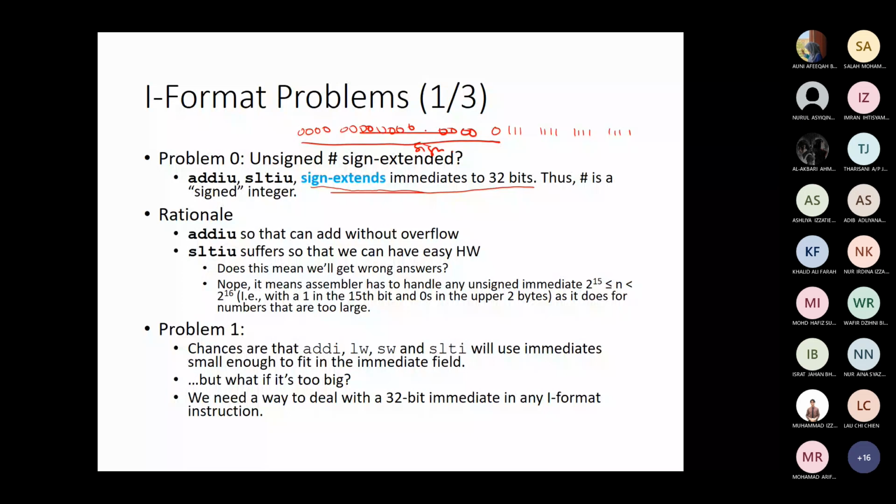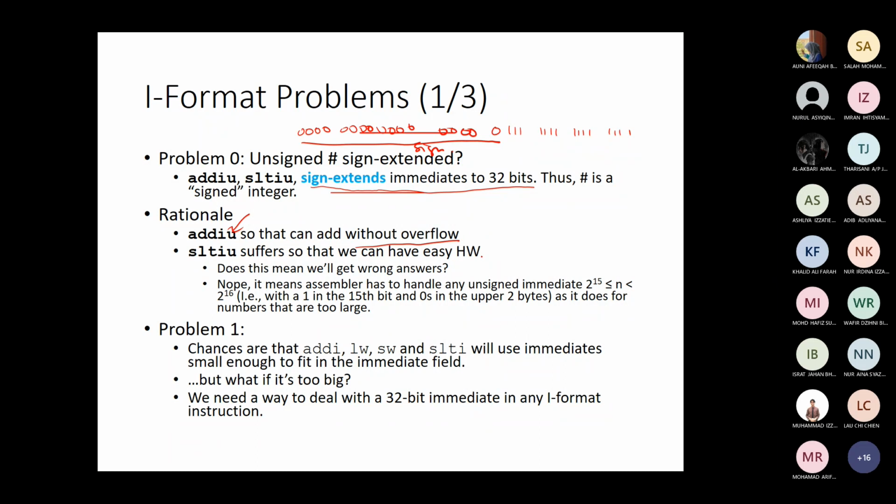The rationale is that ADDIU can add without overflow. Using the unsigned, they can ignore the overflow of the bits. Set less than immediate unsigned does this so that we can have easy hardware.